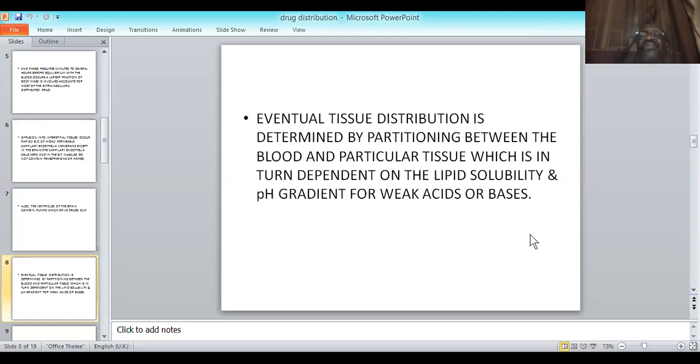With time, there is an attempt at equilibrium. So other factors will now come into play because most of the organs that first receive the blood flow, and therefore the drug concentration, will start getting saturated.